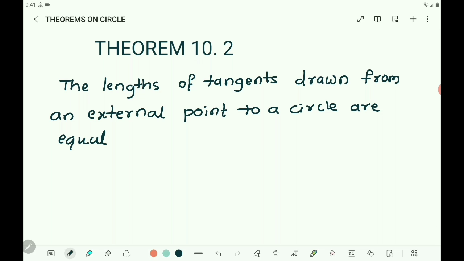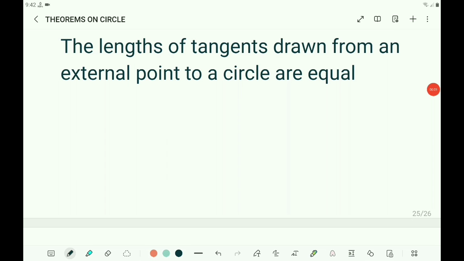This is the statement of theorem 10.2, which is the second theorem on the circle. Now let us draw the figure to prove this theorem.